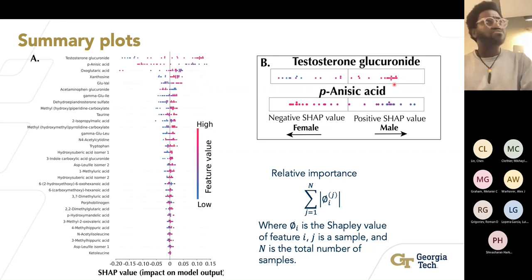To summarize, high abundance of this metabolite of testosterone is associated with male predictions, while lower levels tend to be associated with female predictions.